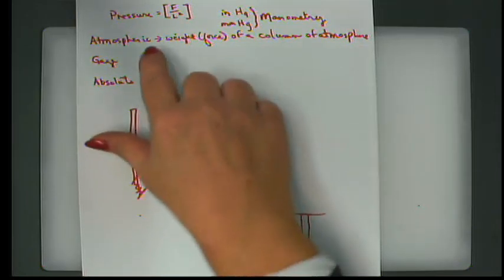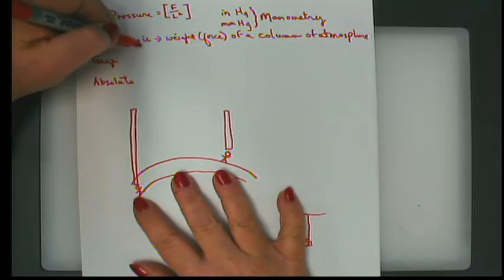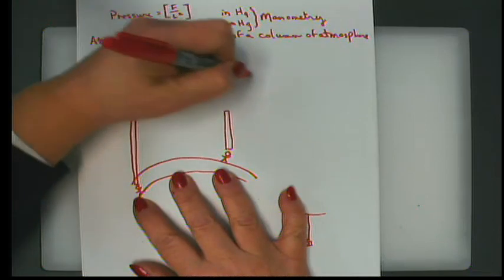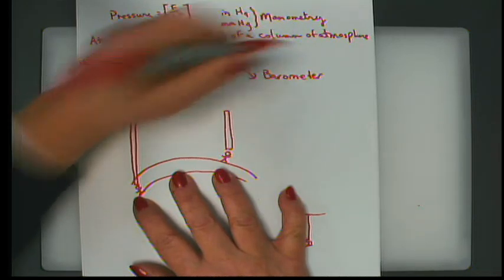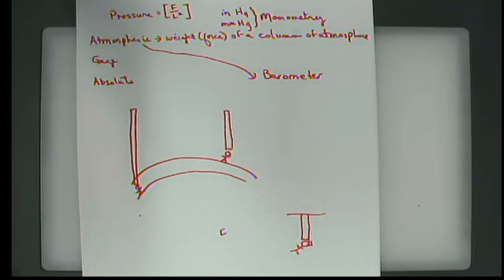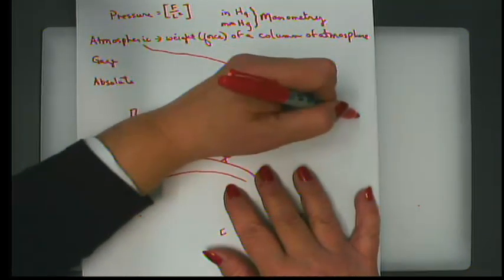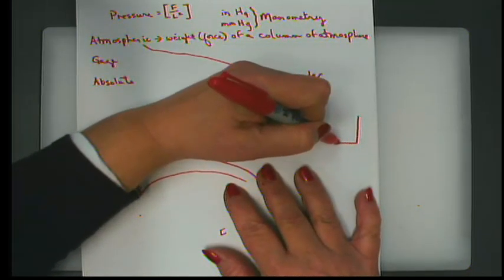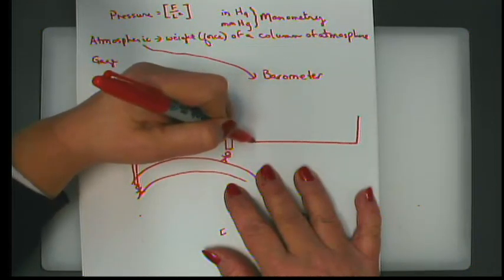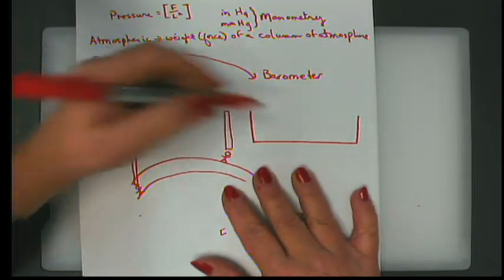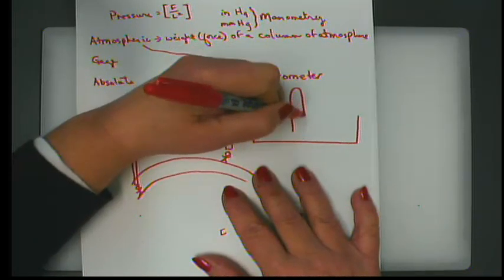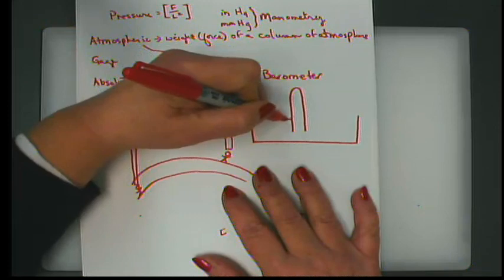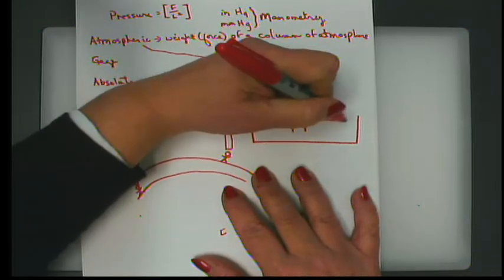So we have to measure atmospheric pressure with something that is both closed to the atmosphere and open to the atmosphere. And that instrument is called a barometer. And in the old days, back before people were really aware of how potently toxic mercury was, the way that a barometer worked was they would invert an evacuated glass tube into a mercury bath.